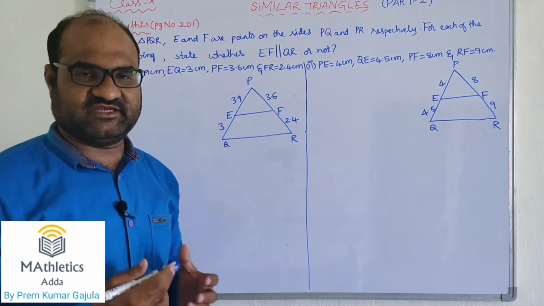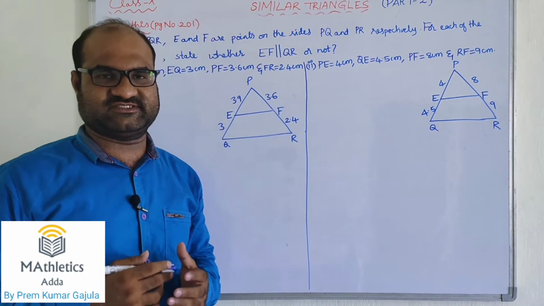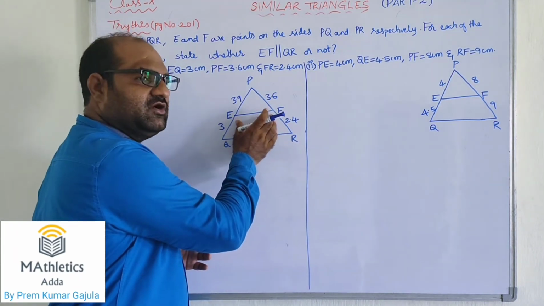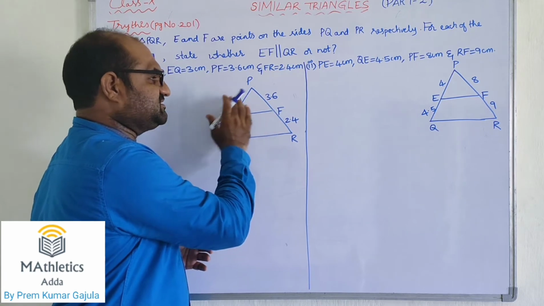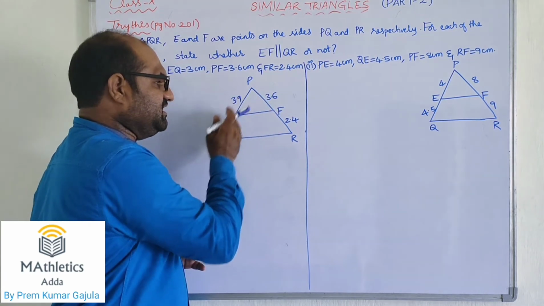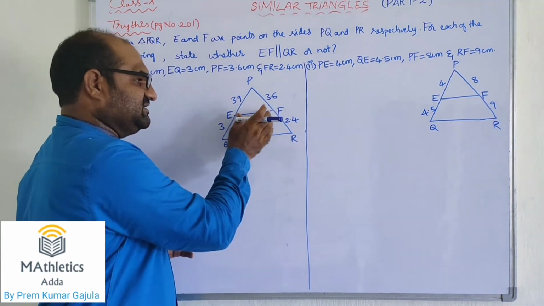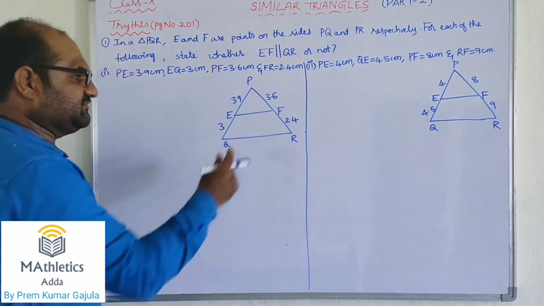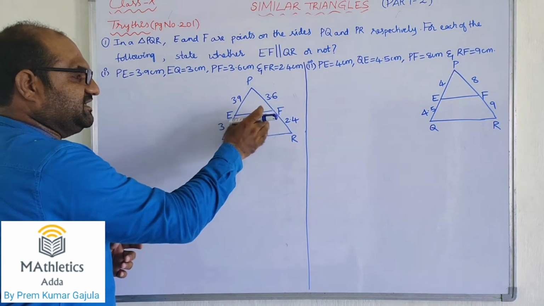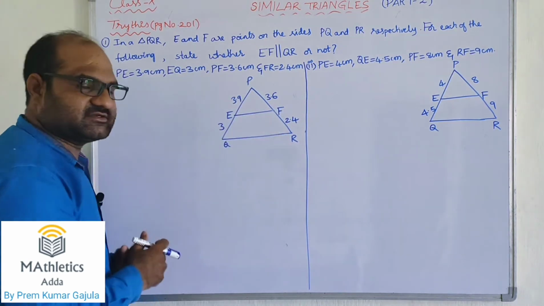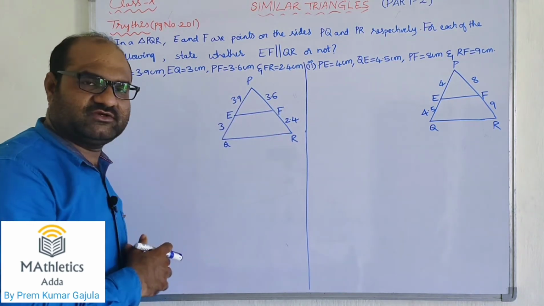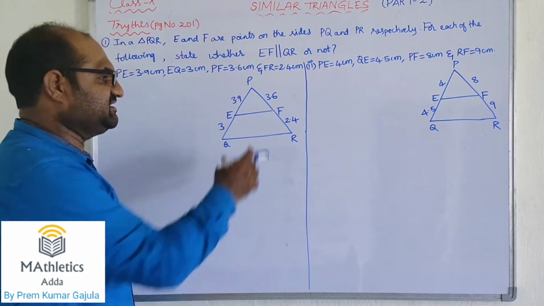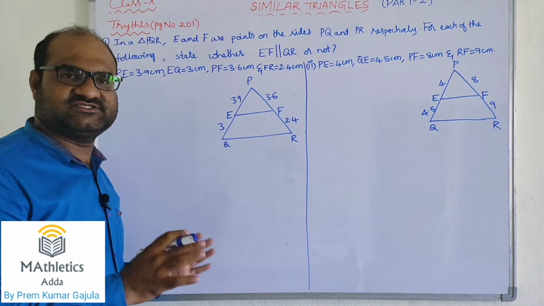The statement of the converse of the basic proportionality theorem is: if a line drawn divides two sides of a triangle in equal ratio, then the line drawn is parallel to the third side. First of all let us find the ratios in which EF divides both PQ and PR, and compare the ratios. If the ratios are equal, then EF is parallel to QR, otherwise not.